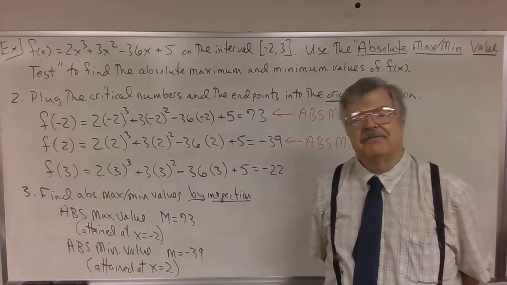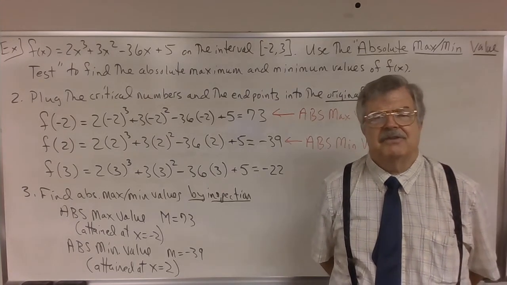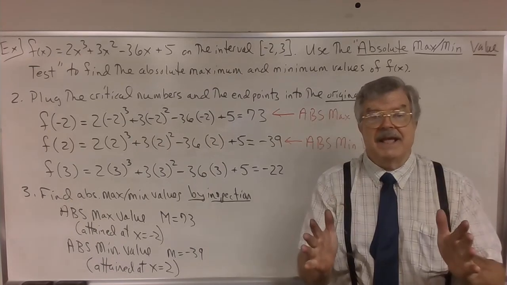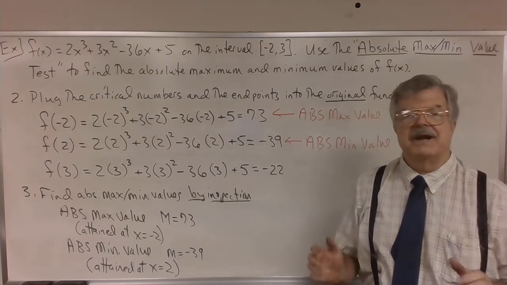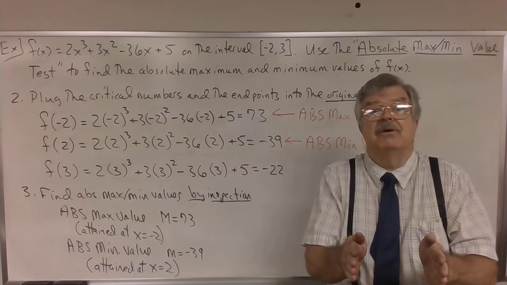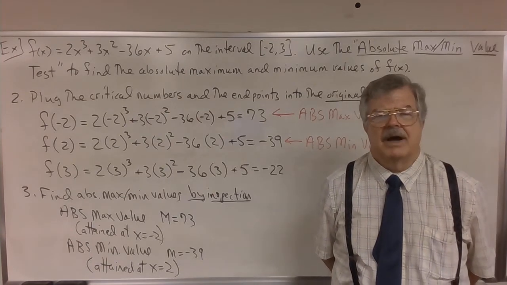Hey, I can take this function that doesn't have an absolute maximum value and it doesn't have an absolute minimum value, and I can make it have an absolute maximum value and an absolute minimum value just by restricting it to a closed interval of finite length. Yeah, so what?